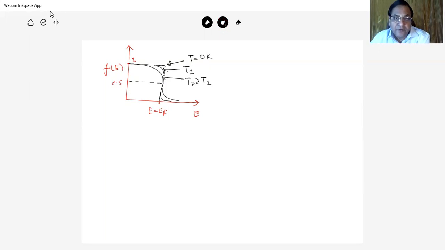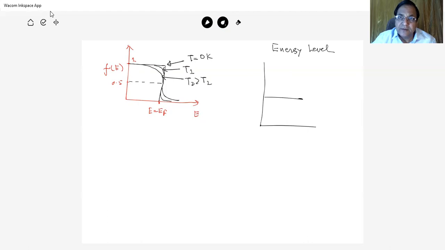And we can have the function in a slightly different way, that is the energy level function. In case of energy level, we have EF, here it is EV, and this is EC.